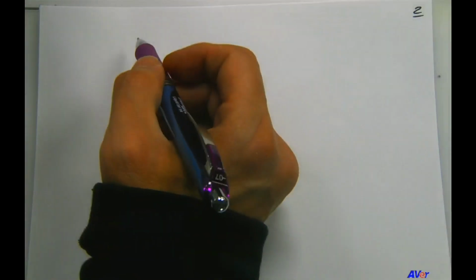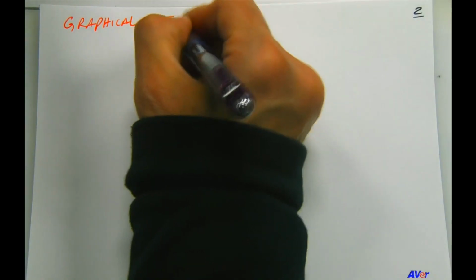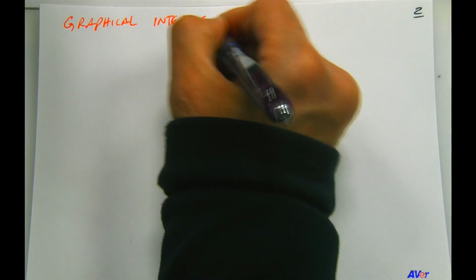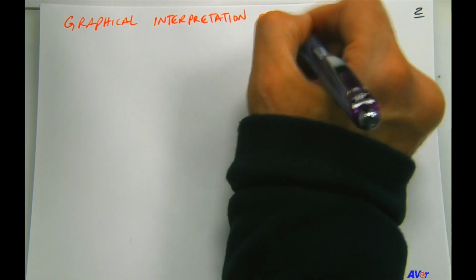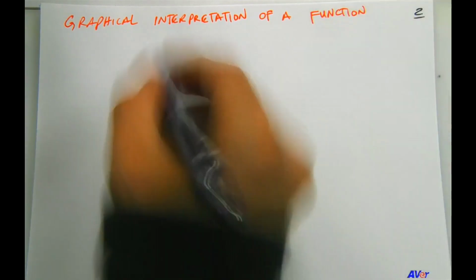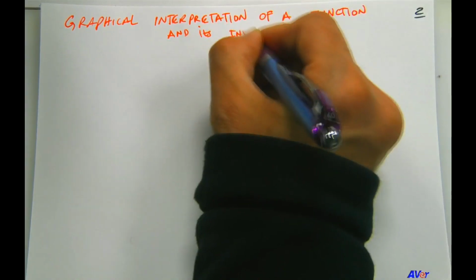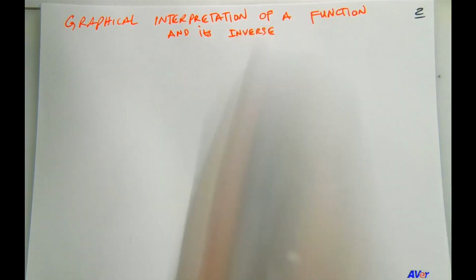Okay, so let's talk about that: the graphical interpretation of a function and the graph of its inverse.